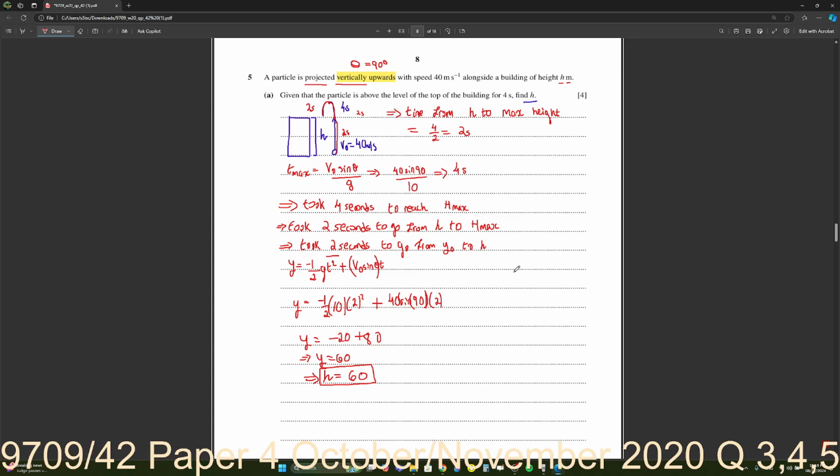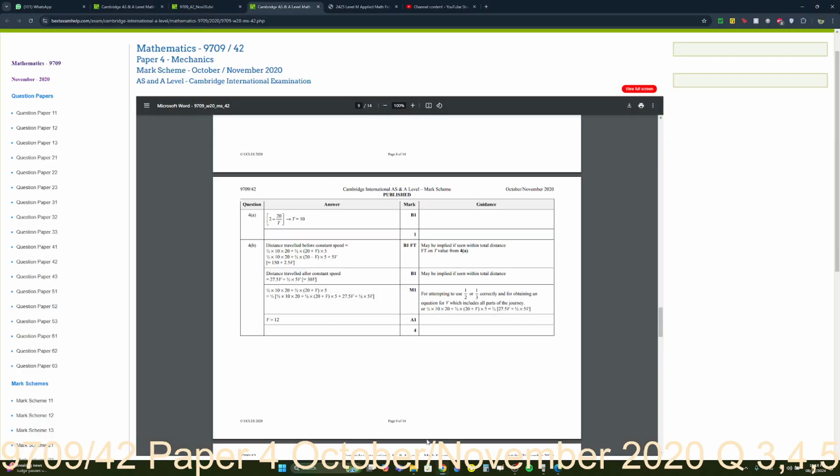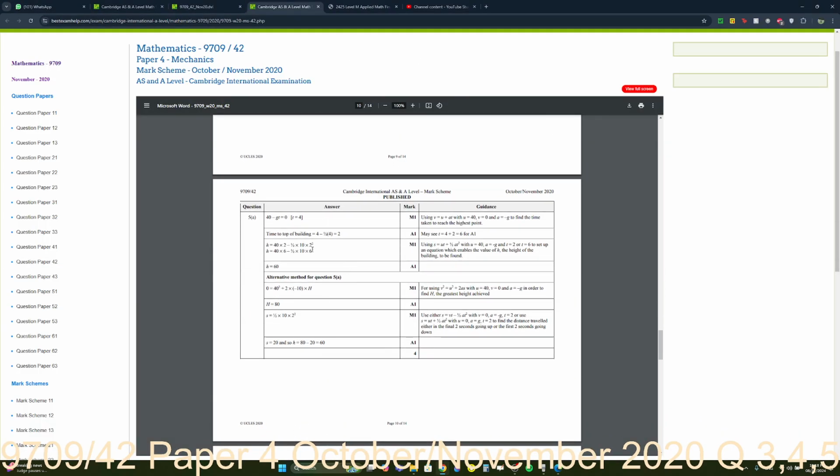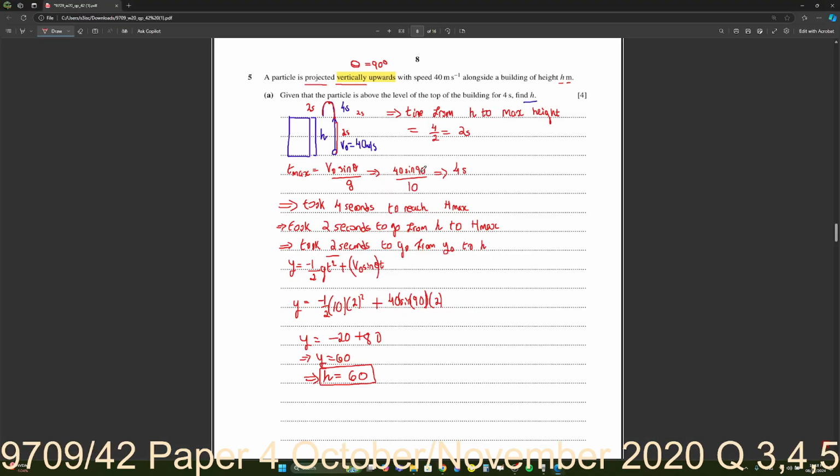So let's see. It's a 4-mark question. What would we get marks on? 40 minus gt equals 0. Basically, t is equal to 40 divided by g, like we did over here. So this would be your first mark, the time to reach maximum height.